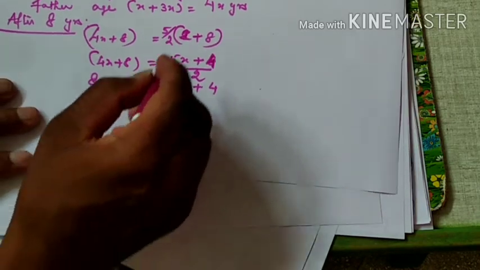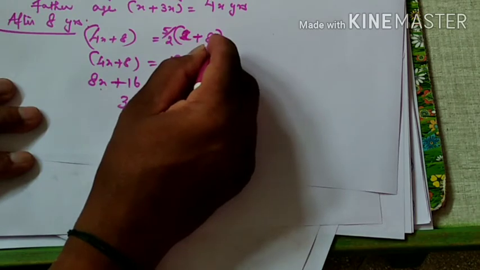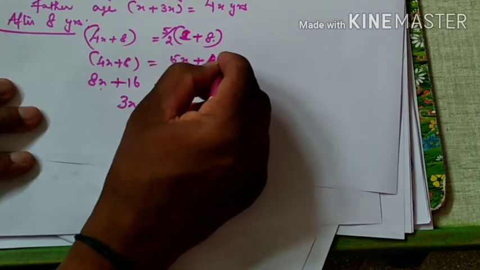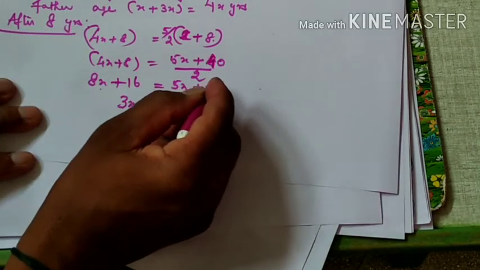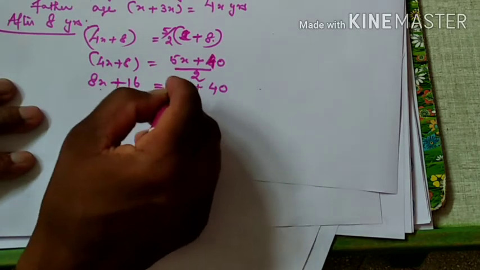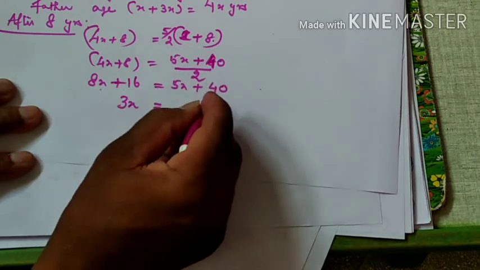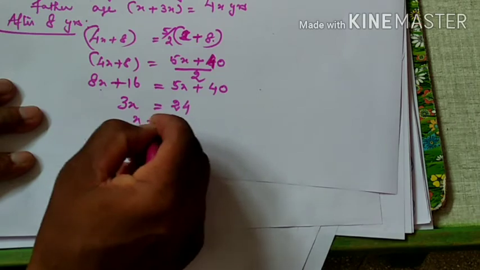Then 5 into 8 is 40. 40 minus 16 becomes 24. Therefore x equal to 8.